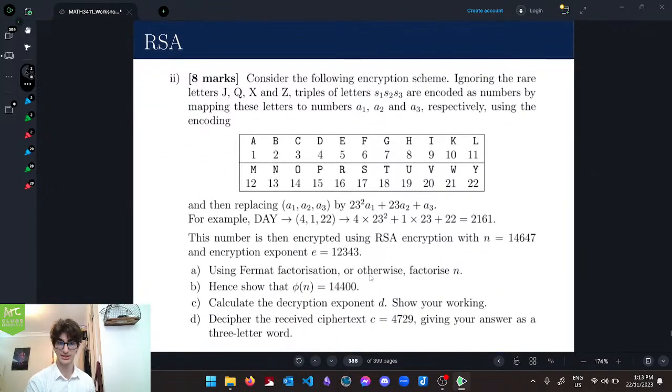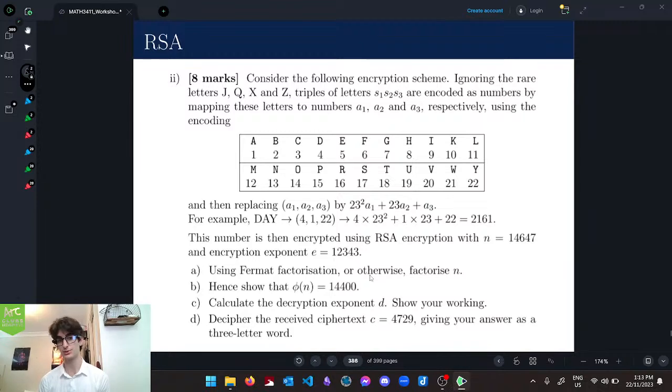So an example RSA question, consider the following encryption scheme. Ignoring the rare letters J, Q, X, and Z, we just know that they're rare to show up in messages. Triples of letters S1, S2, and S3 are encoded as numbers by mapping the letters to A1, A2, and A3, respectively, using this encoding.